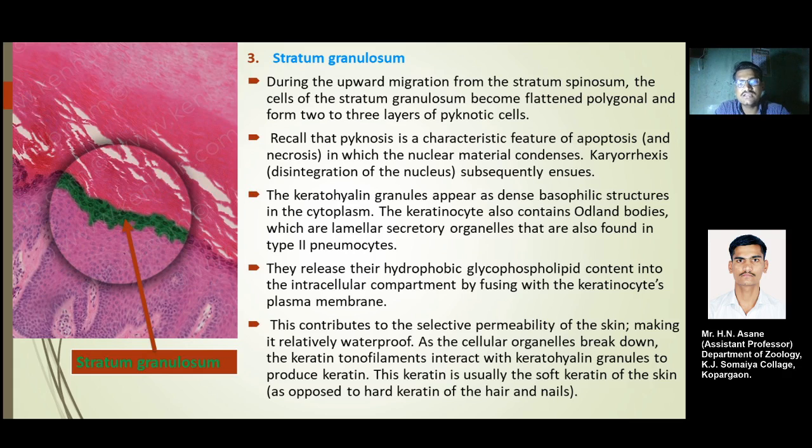As you can see, your hair and nails are made up of hard keratin, the keratin protein itself. But in the skin, this stratum granulosum will provide the soft keratin to make your skin waterproof.